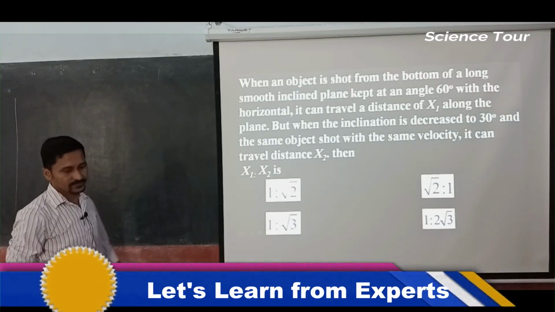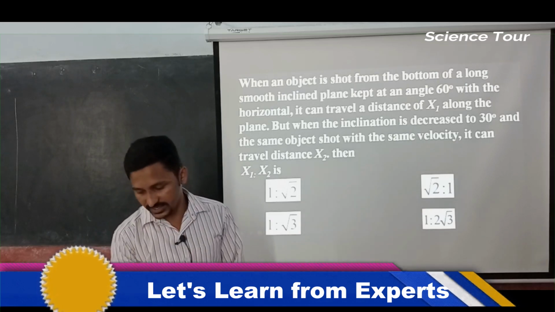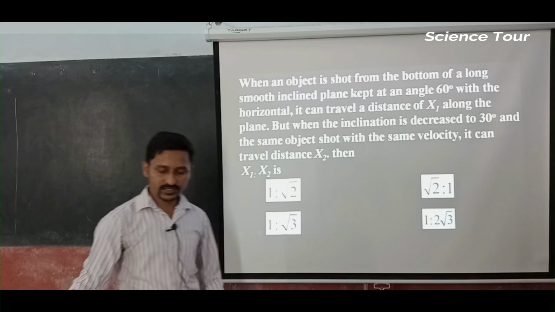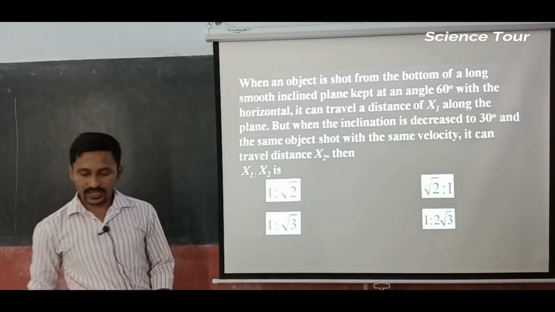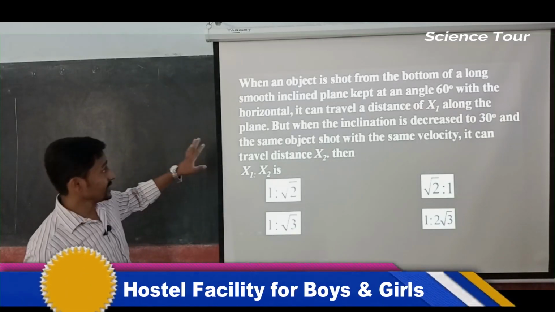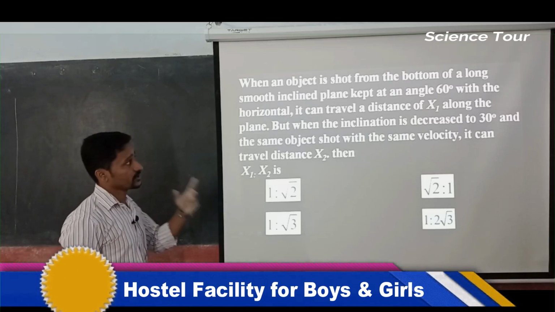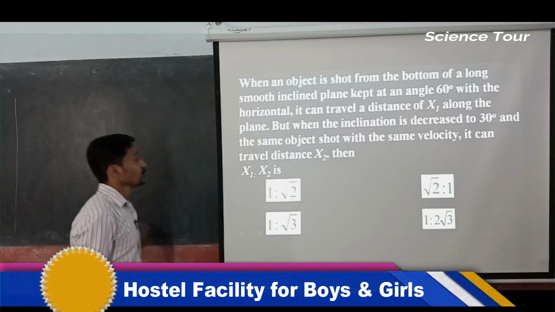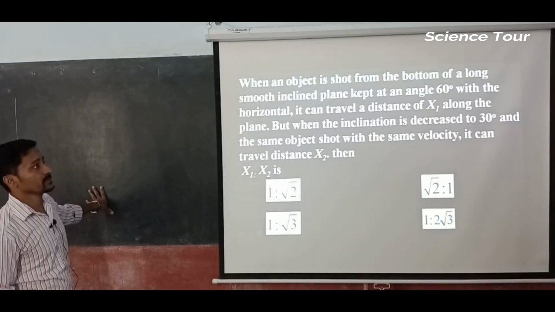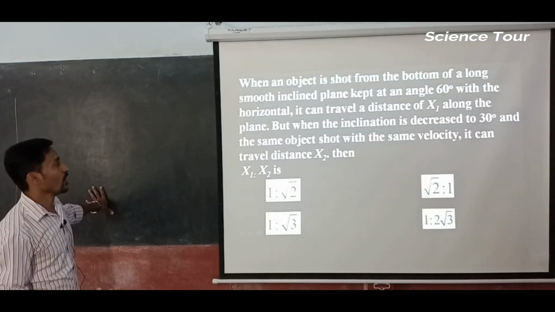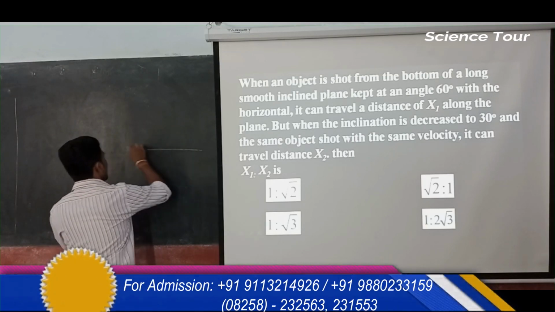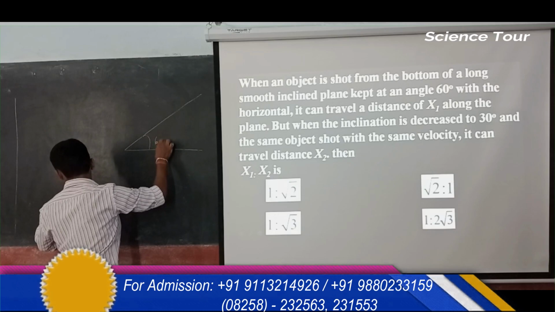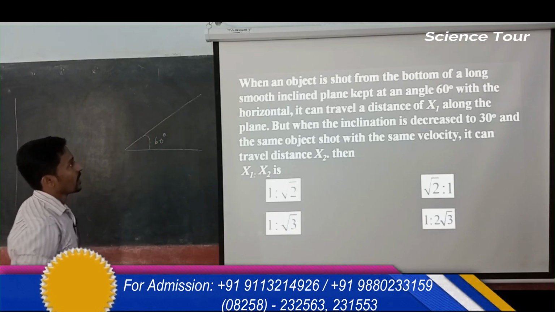Go through it. Any guesses for the answer? When an object is shot from the bottom of a long smooth inclined plane kept at an angle of 60 degrees with the horizontal. Now the horizontal is there, a long infinite smooth plane whose angle is 60 degrees. Now what are you going to do?